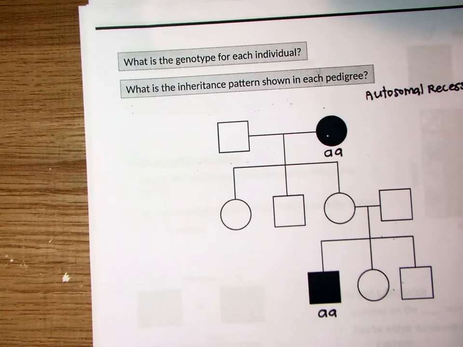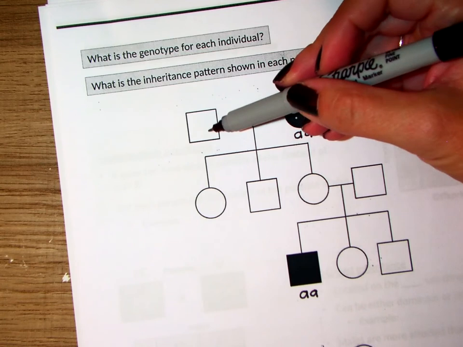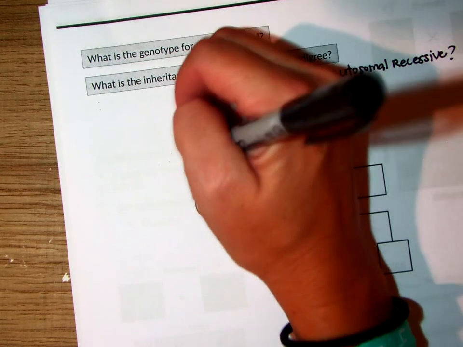Now for this, we know there's a big A here somewhere, but can we say for sure whether or not it's big A, big A, or big A, little a? Well, it could be either. We can't say for sure. So we're just going to leave it as a dash here.